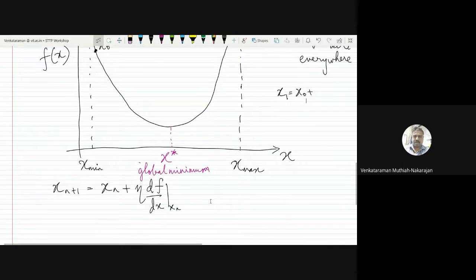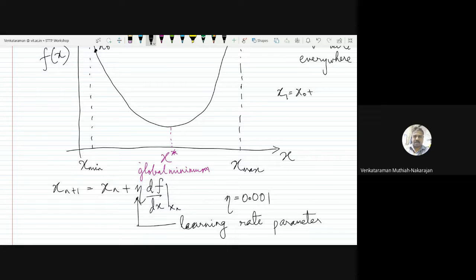Eta should be a small number. This eta is called the learning rate parameter. We will not worry about eta for the time being, but eta is small. Let us say eta is 0.001. Generally, eta is chosen to be small, and we will see why.